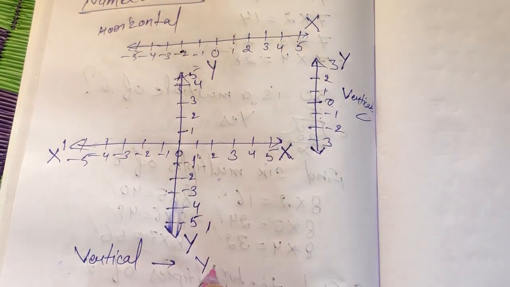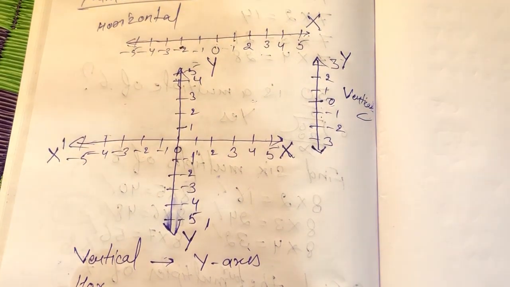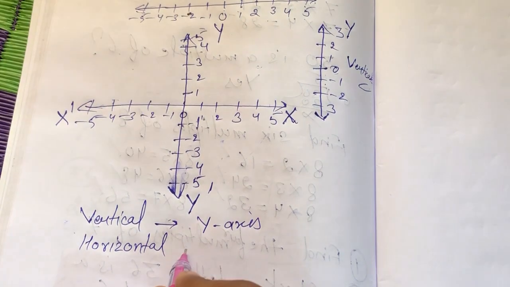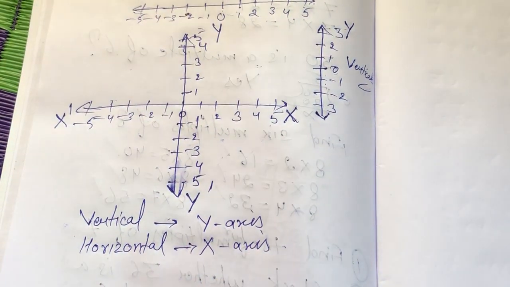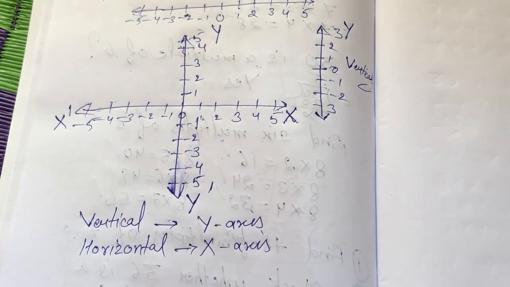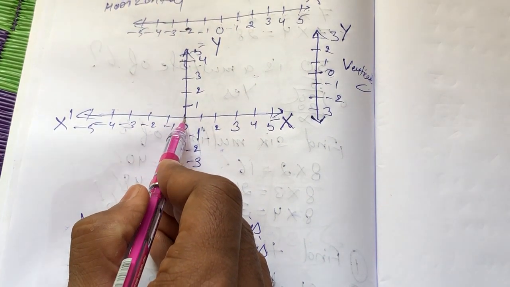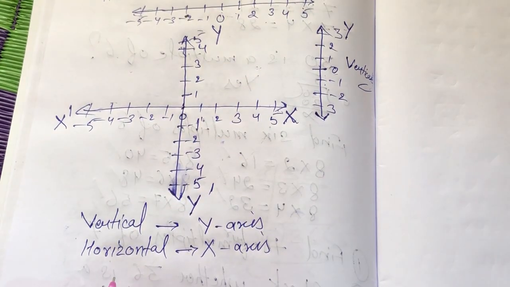The vertical one we call the Y axis. And the horizontal one is what? The horizontal one is the X axis. Are you getting it? Y axis, X axis. And the intersecting point is this one. So what is it? It is the origin.